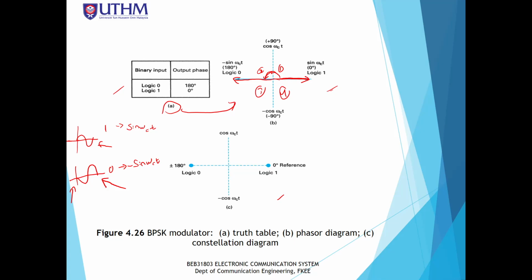So 180 degrees is towards the left side. The arrow shows the left side. This is the arrow diagram to show the direction of the phase.